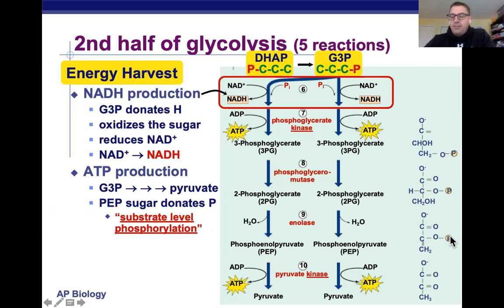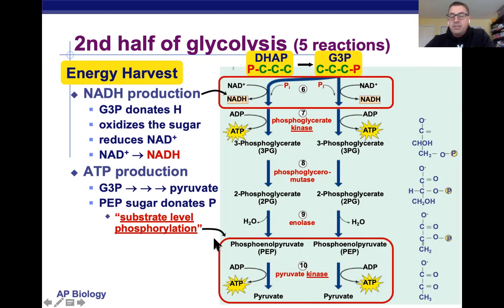Because the phosphate group is coming off of this PEP molecule, this is called substrate level phosphorylation. We're transferring the phosphate group from a substrate, from an organic molecule, directly to ADP to generate ATP.